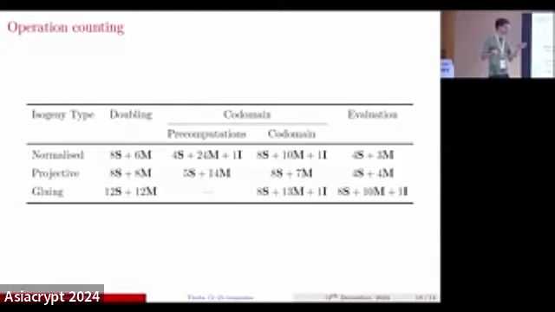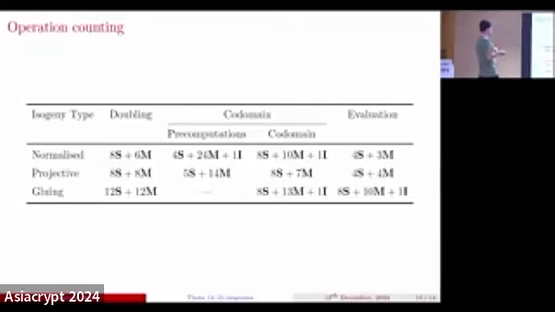The formulae, all the results that I've shown you before, basically work projectively, which means that you can projectivize all the formulae, and in particular, the algorithm to compute the doubling of a point and the algorithm to compute the codomain of an isogeny actually share some common pre-computations. Once you arrange things in a proper way, you obtain these costs for the codomain evaluation and the evaluation of an isogeny.